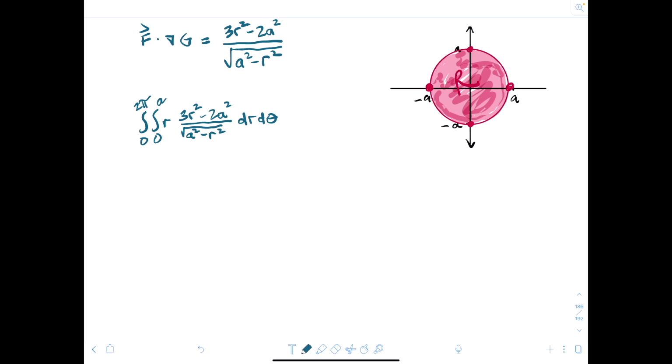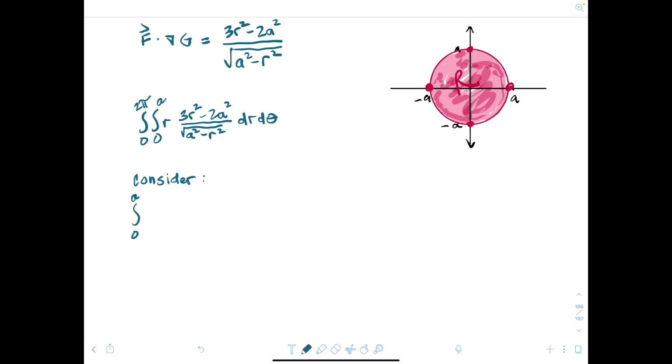Let's go ahead and pull apart this integral. Let's just consider the integral from 0 to a, and I'm going to make this two integrals.